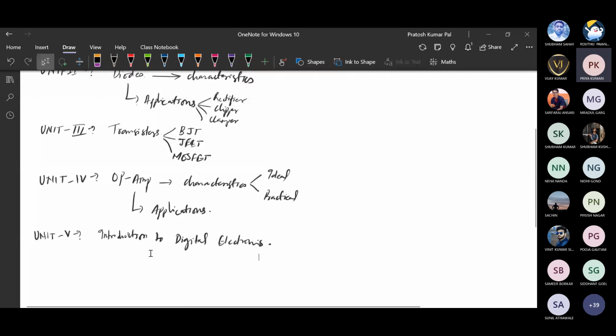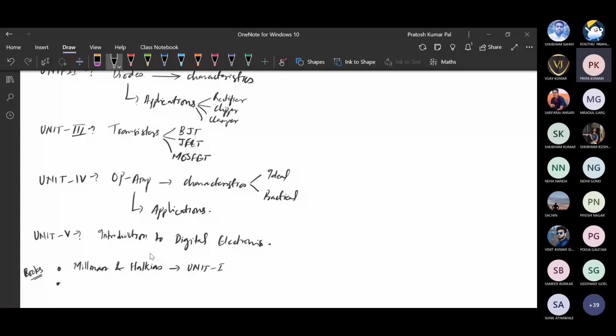And different books. Basically some reference books are there. The first will be Millman and Halkias. This is basically for the first unit, for the device physics, or you can say the semiconductor device physics, that we will be dealing with from this book.